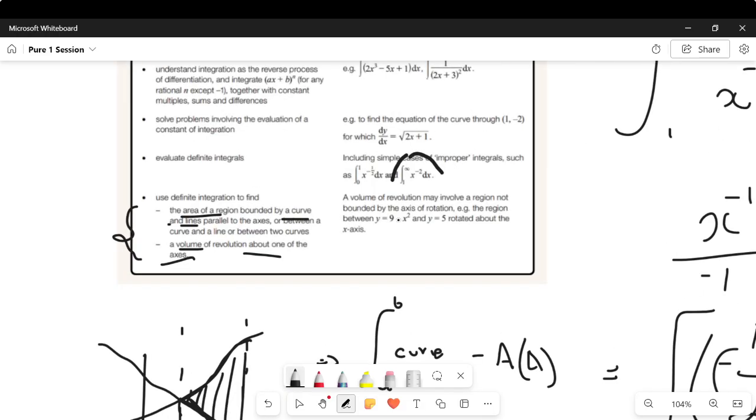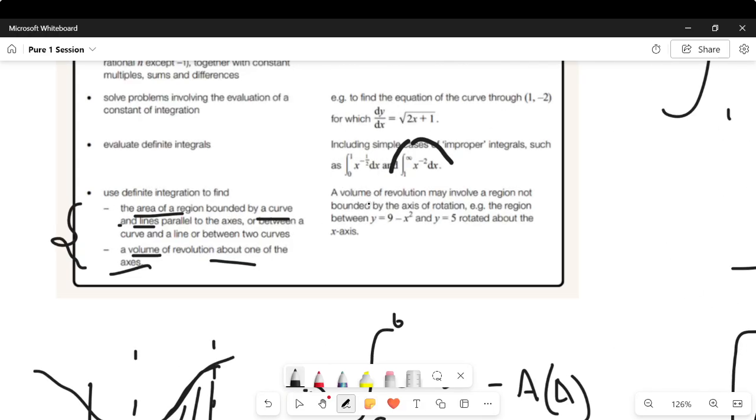Apart from that, a volume of revolution may involve a region not bounded by the x-axis of axis of rotation. Example: the region between 9 minus x squared and y is equal to 0 is rotated about the x-axis. Let me make a rough sketch of that to give you an idea. So this is y is equal to 5, for example.